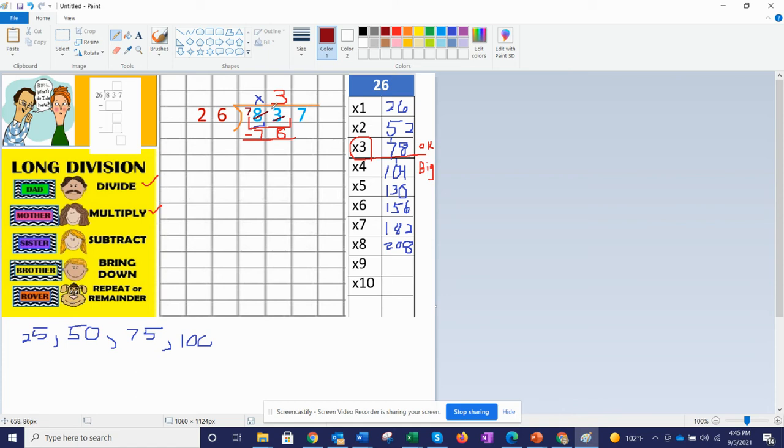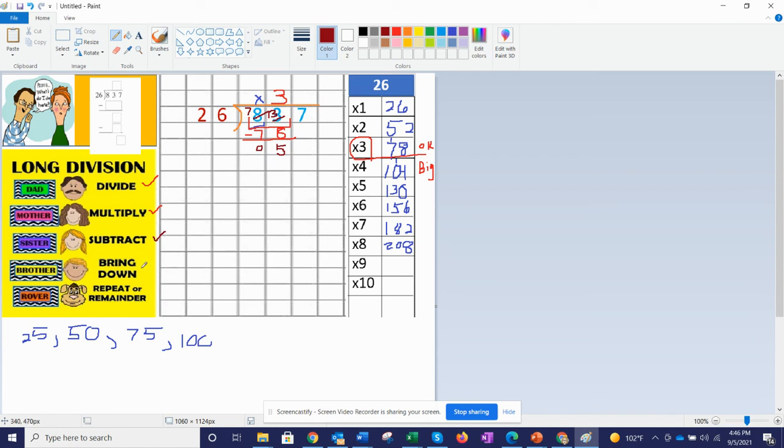So the 10 and 3 are being added together. So now it's 13. Okay, so we got 13 take away 8. What's 13 take away 8? Yeah, it's 5. Good. And obviously 7 take away 7 is 0. So we really just have a 5. And so we did the subtracting.